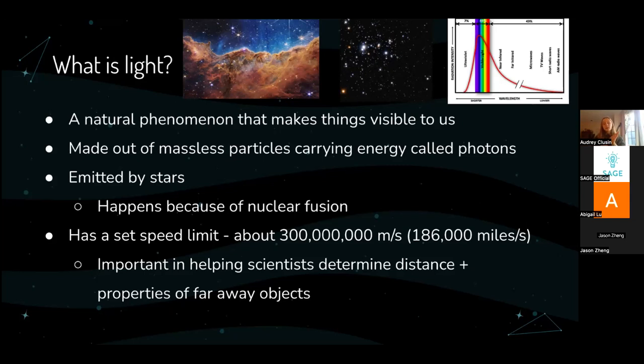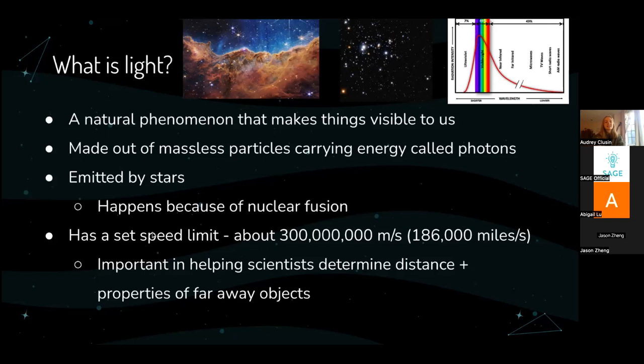Like I was saying a second ago, light is made of particles called photons that are carrying energy, and this energy comes from nuclear fusion that happens in the center of stars. And this nuclear fusion creates a lot of energy, and this goes all throughout the universe, and this is how we see stars, up in these two images.